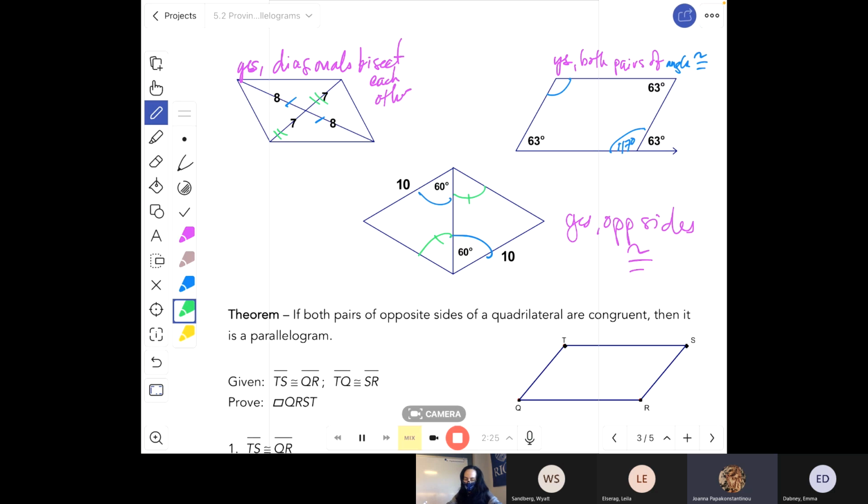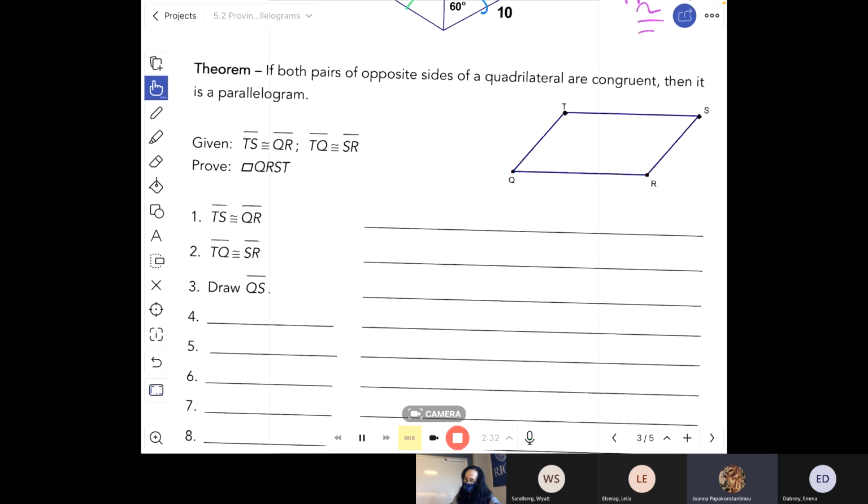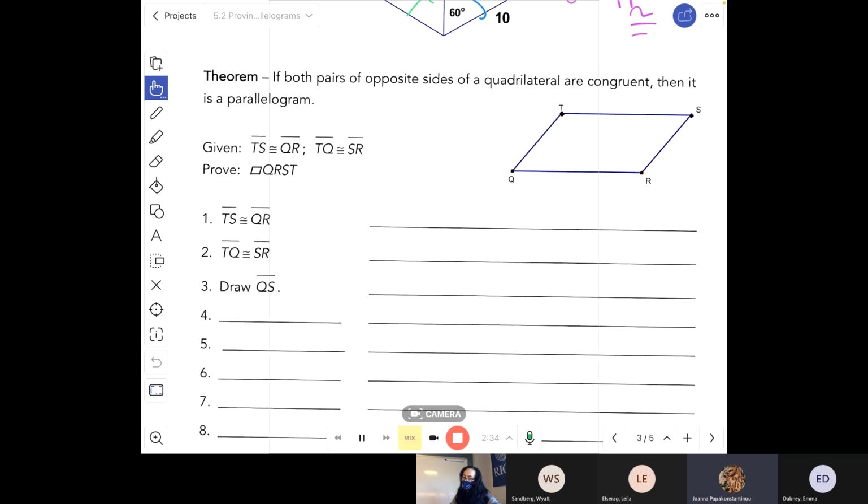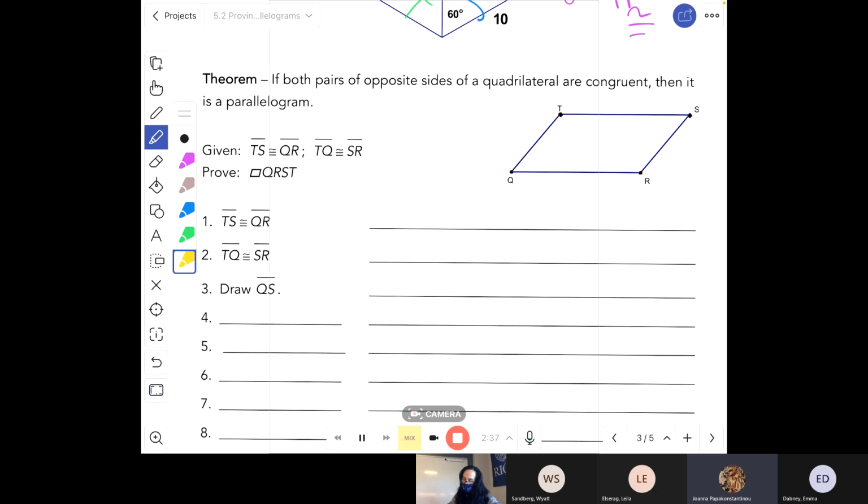So yes. All right, there's another theorem, and we're going to go ahead and prove this next theorem. So let me highlight it. If both pairs of opposite sides of a quadrilateral are congruent, then it is a parallelogram. If both pairs of opposite sides, so we've seen this before, but let's go ahead and prove it. So you've been given some information.